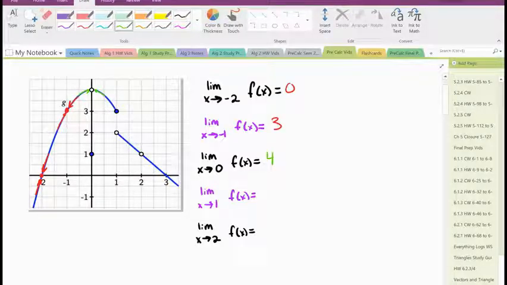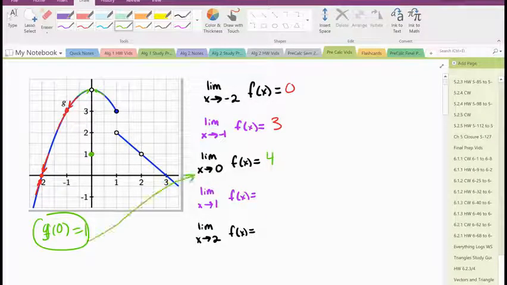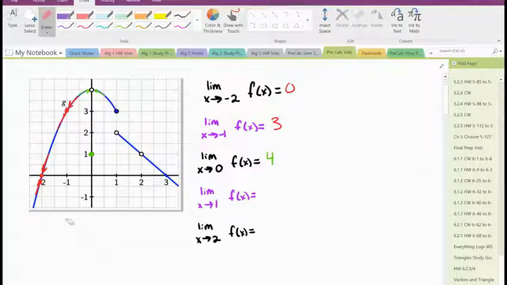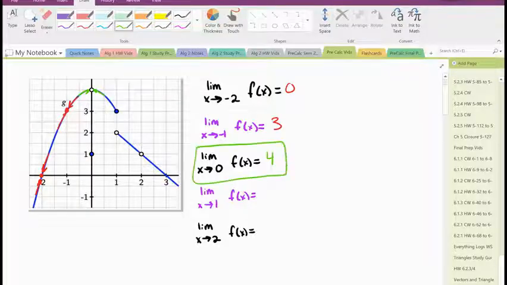The reason this can get confusing is that if I were to ask what is g of 0, if I plug in 0, my output is going to be 1. So g of 0 in this situation is not the same as the limit, because the limit, looking at my graph here, approaches from the left and the right towards 4. And so that's what my limit is all about. It's all about how the graph is approaching this x value.